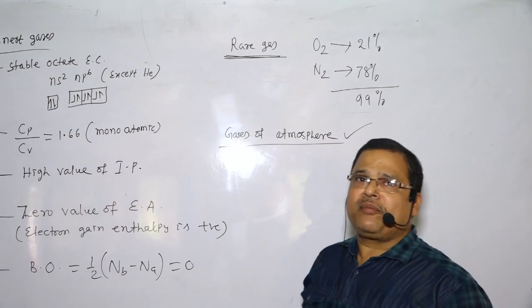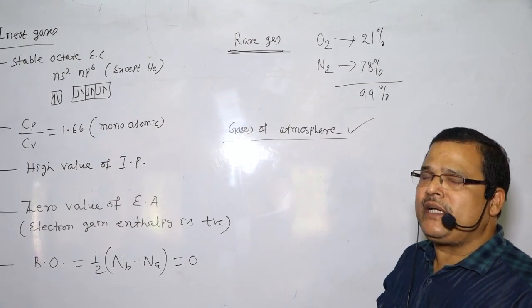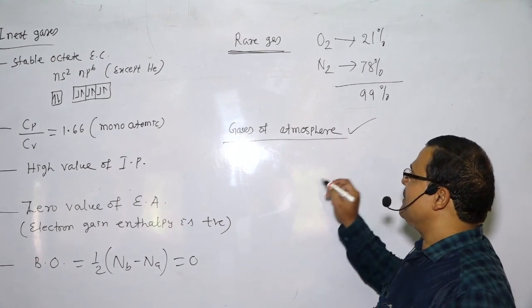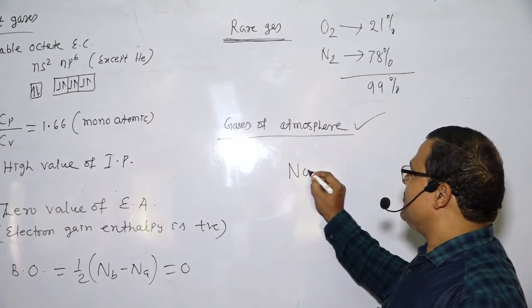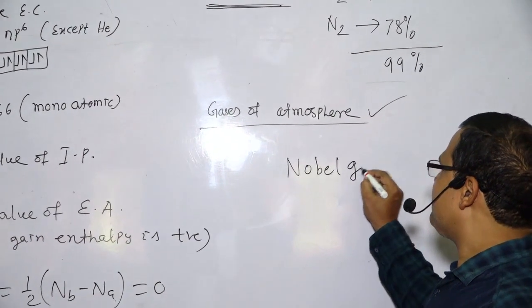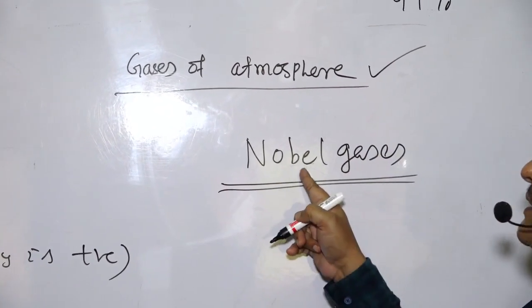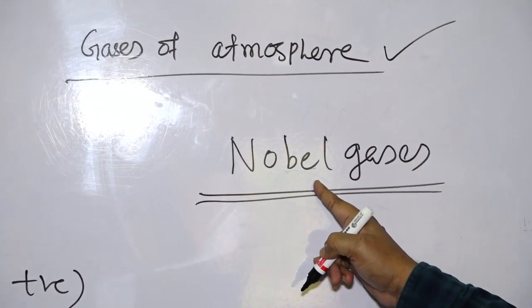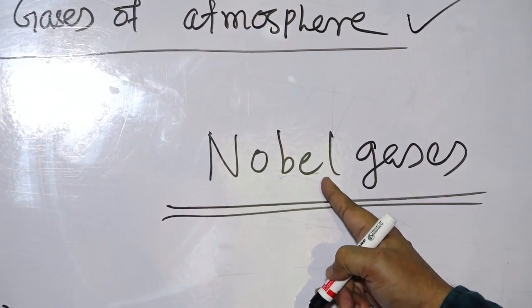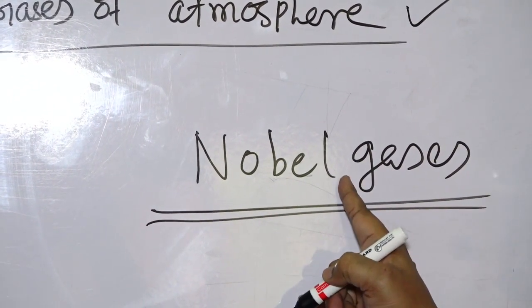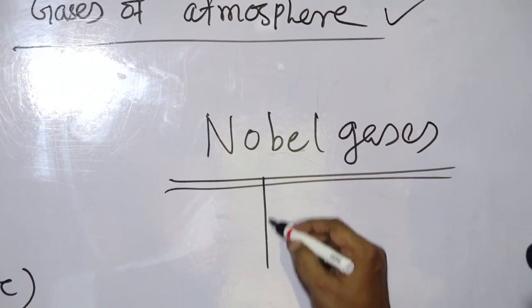Nowadays the better term that can be used for these group 18 elements is noble gases. So this is the better term for the zero group elements or inert gases, or group 18 elements. Why noble gases?